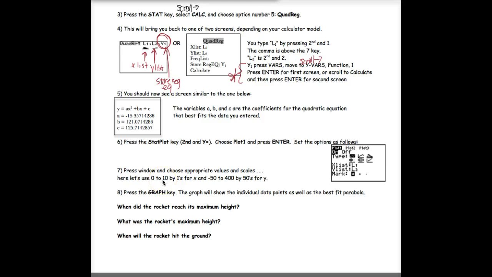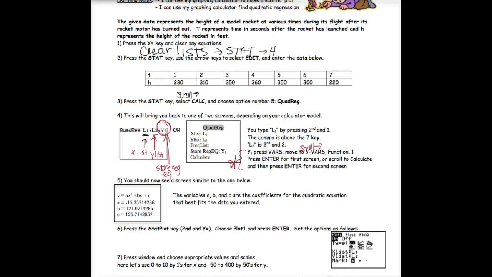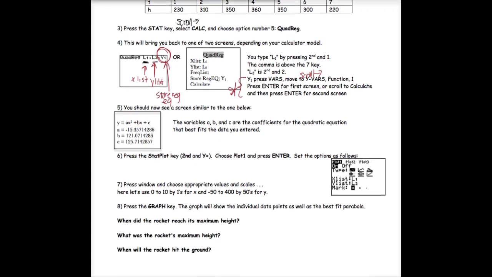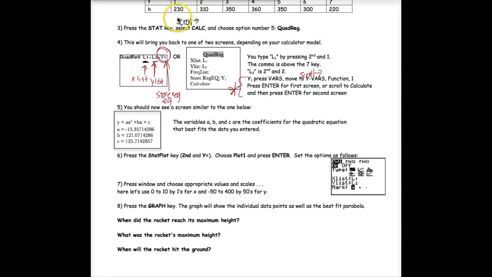So all I'm doing is I'm looking at my data here and I'm saying my x's, which are my t's, go from 1 to 7. So I'm just going to go 0 to 10. My h's, which are my y values, my dependent variable, the lowest number that I have is 220 and the highest number that I have is 360. So I need it to go above 360.